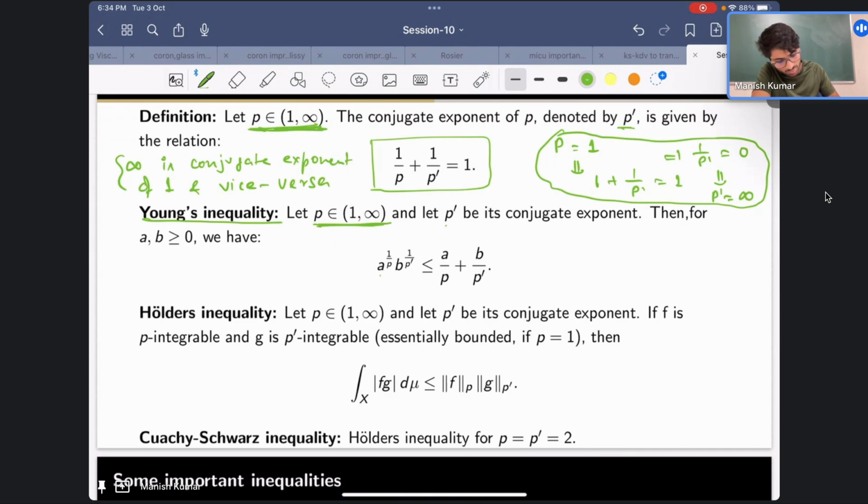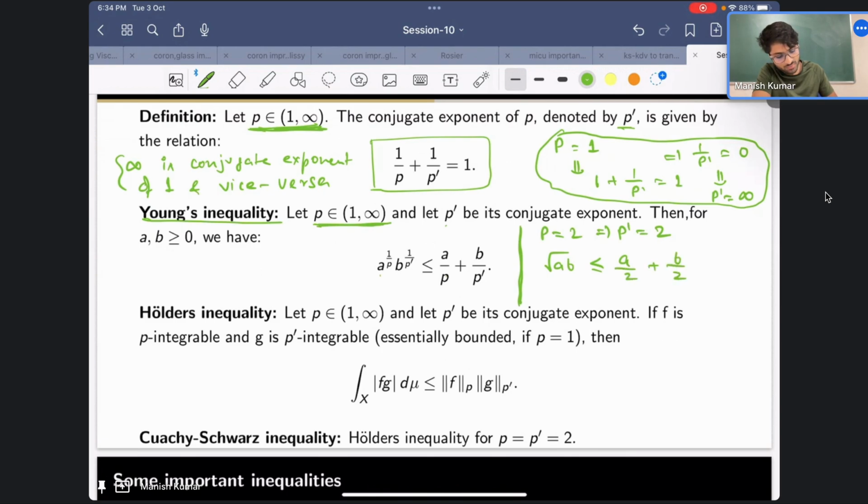Just to make you understand, for example, you choose p equal to 2. As I have shown you, when p is 2, p prime is also 2. Then this inequality says that root of ab is less than or equal to a by 2 plus b by 2, and you know that this is true.